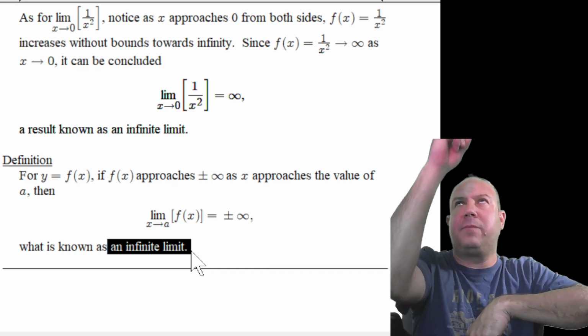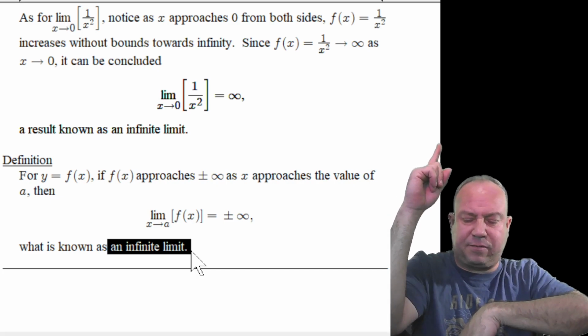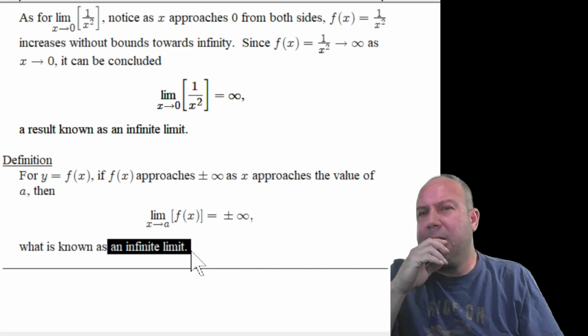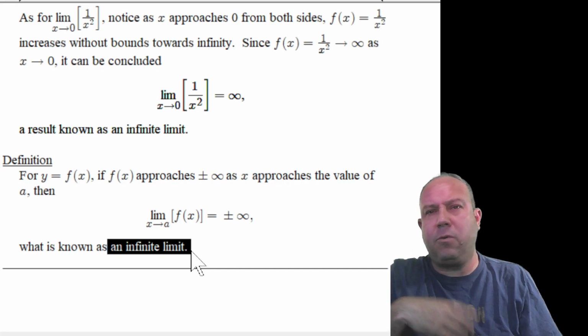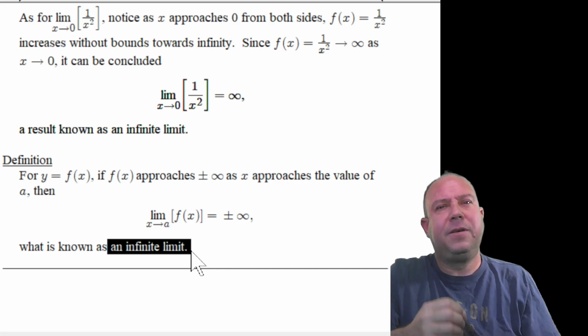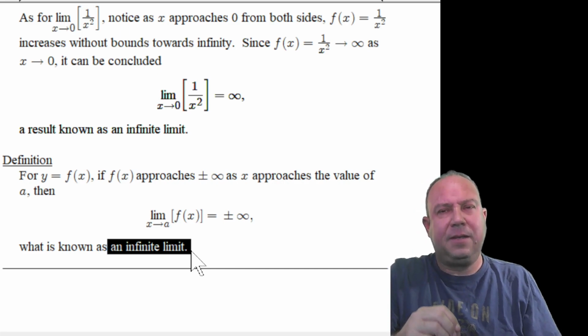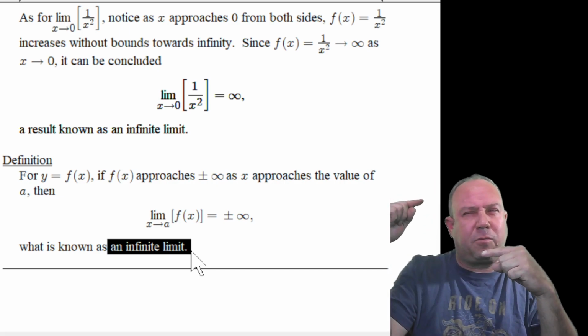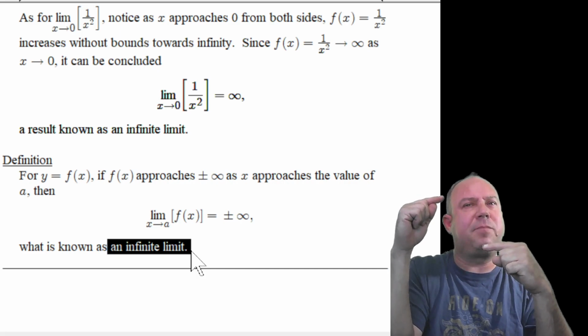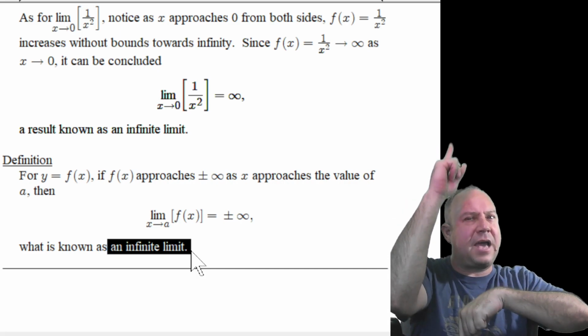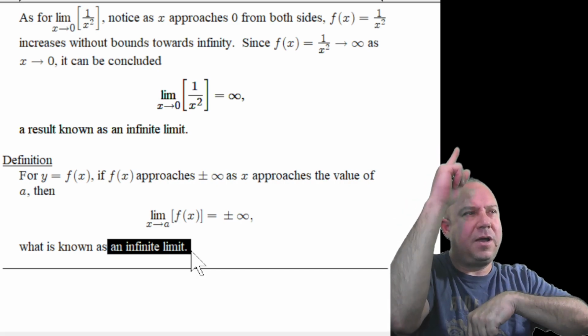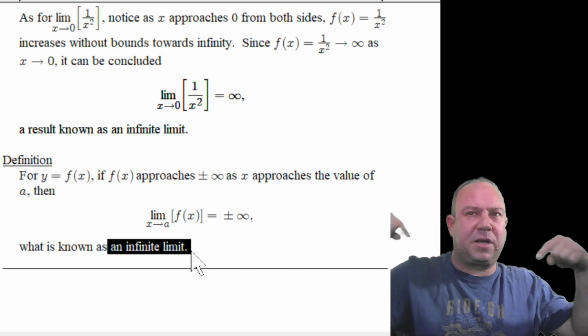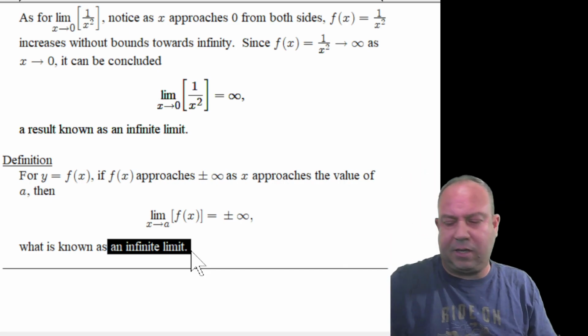If this one's going up towards positive infinity and this one's going down towards negative infinity, you don't have an infinite limit because the left and the right hand side approach aren't yielding the exact same value, right? Of positive infinity strictly or negative infinity strictly, right?